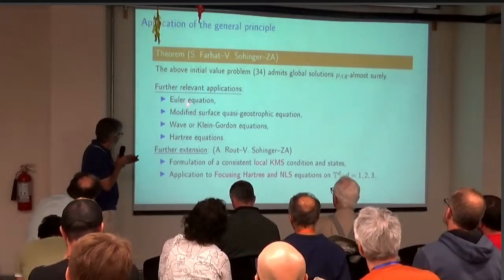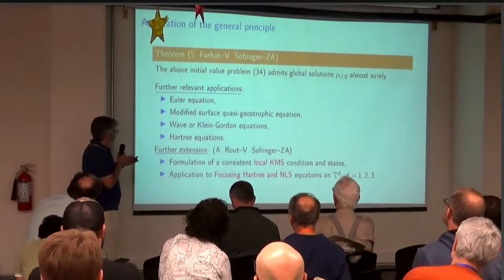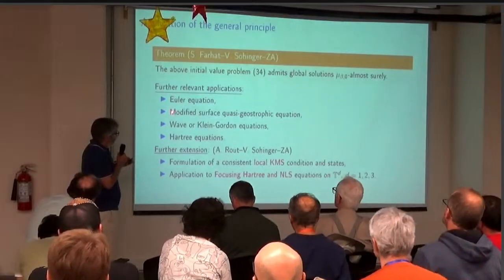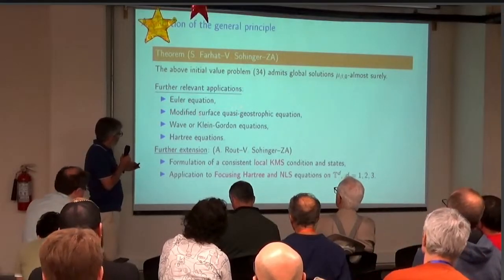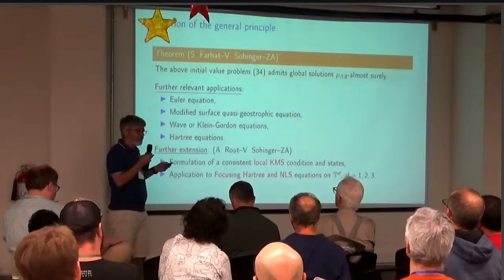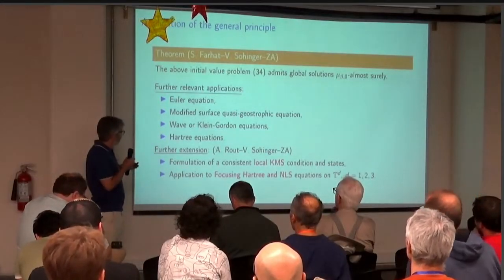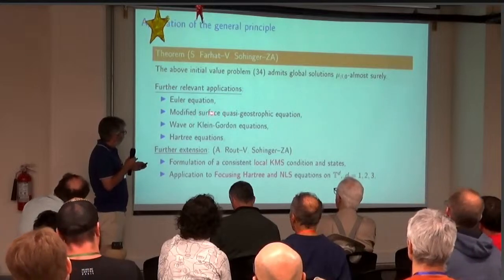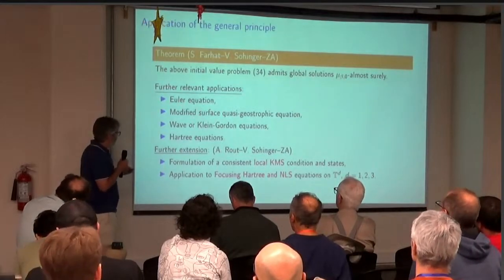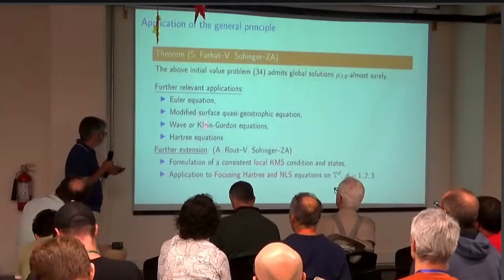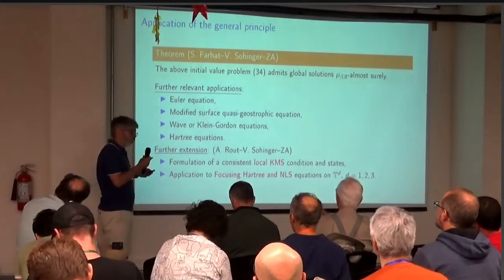It works also for the Euler equation. It works for the MSQJ equation. People familiar with fluid mechanics like this type of equation very much. It's a sort of interpolation between the SQJ equation and the Euler equation. It works also for the Klein-Gordon wave equation, Hartree equations, and so on.